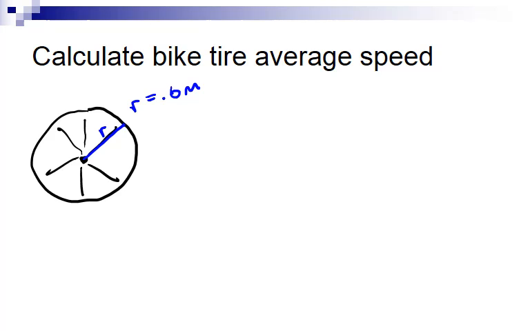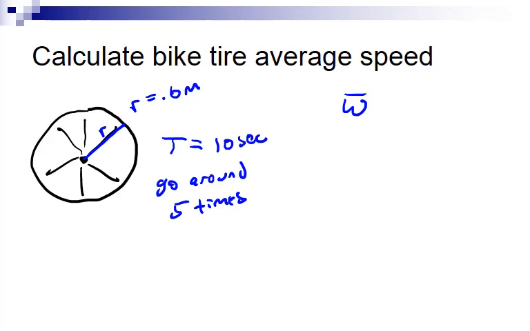And let's say that we start our timer and it takes 10 seconds to go around 5 times. And what I want you to figure out is what was the average speed of this tire during this time interval. So go ahead and pause the clip and give it a shot here, and then when you're ready to check, you can hit play to continue.